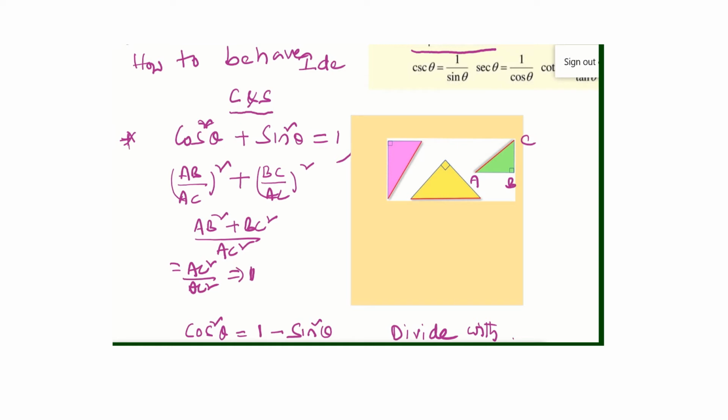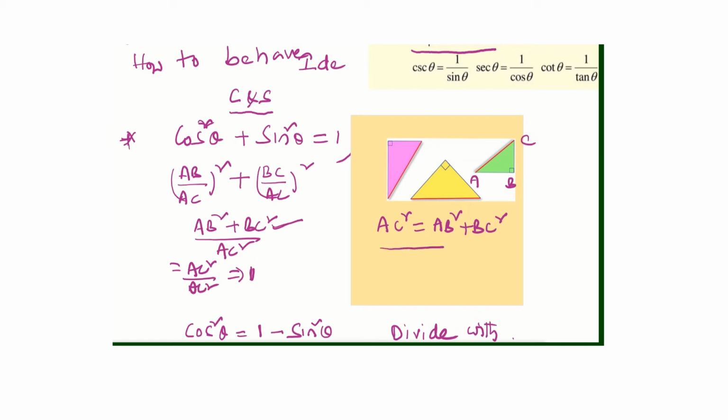To prove this, we can use a simple right triangle and the Pythagorean formula. As you know, AC squared is equal to AB squared plus BC squared. Using cosine theta as adjacent side by hypotenuse, AB by AC whole squared, and sine theta as opposite by hypotenuse, BC by AC whole squared, on taking LCM, AC squared, and in the numerator I get AB squared plus BC squared.